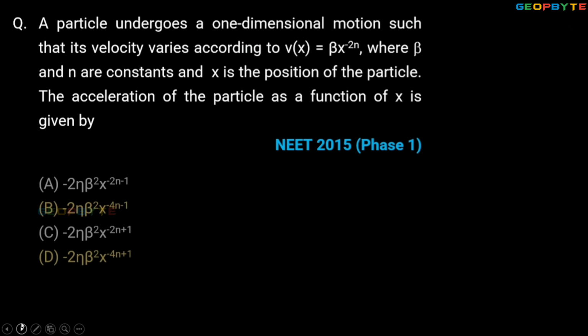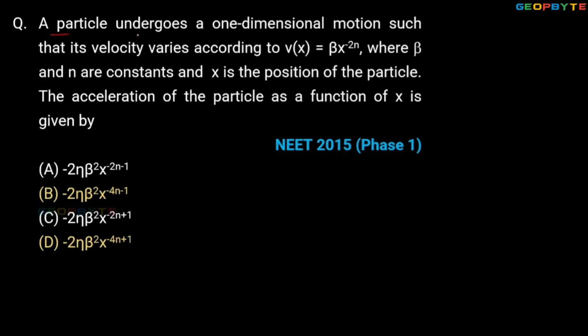Look at the screen. It is asking like this. A particle undergoes a one-dimensional motion such that its velocity varies according to v equal to beta x power minus 2n.